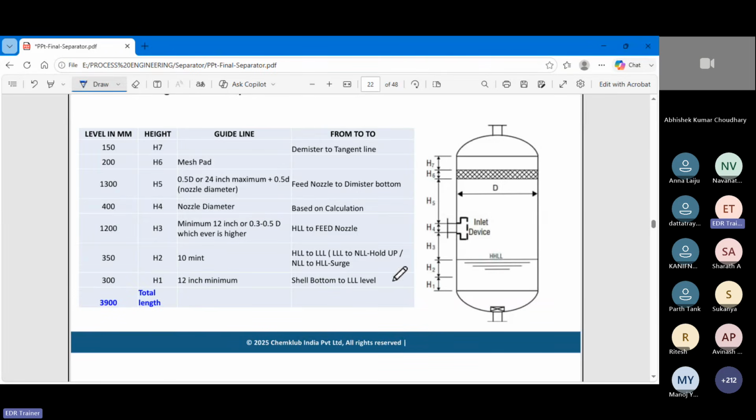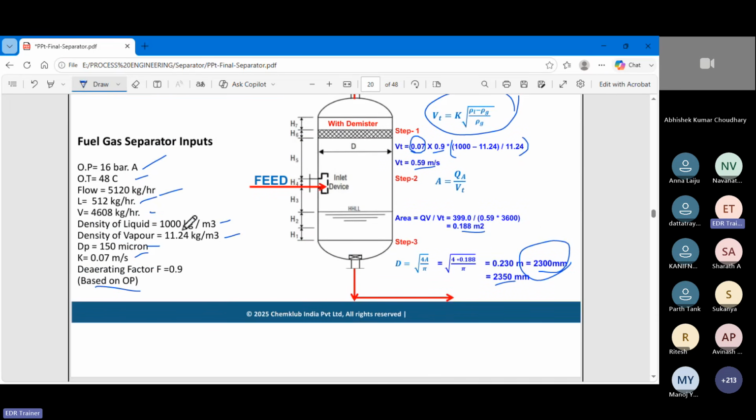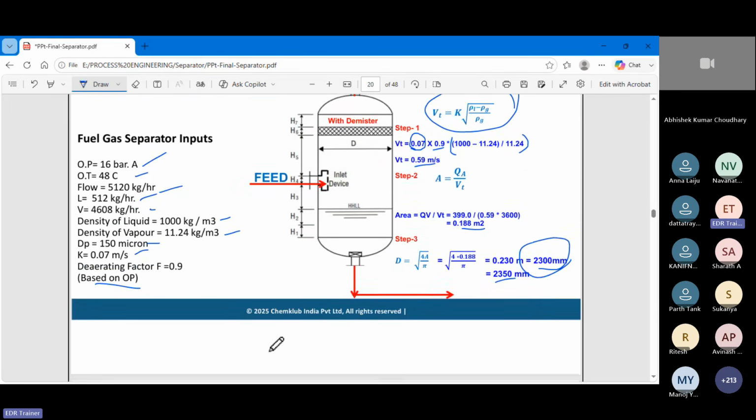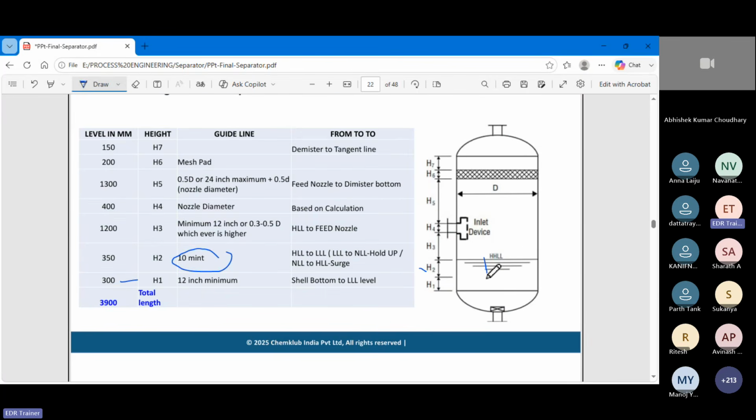Now here we have H1. So H1 we have kept as 300 mm minimum from shell bottom to low liquid level. This is the first one. Second one is H2. We have calculated 10 minutes, right? So now according to our flow rate, you can calculate. Our flow rate is 399 meter cube. We have taken 399 meter cube, and we have low liquid level to high liquid level 10 minutes. So we have a volume 399, right?